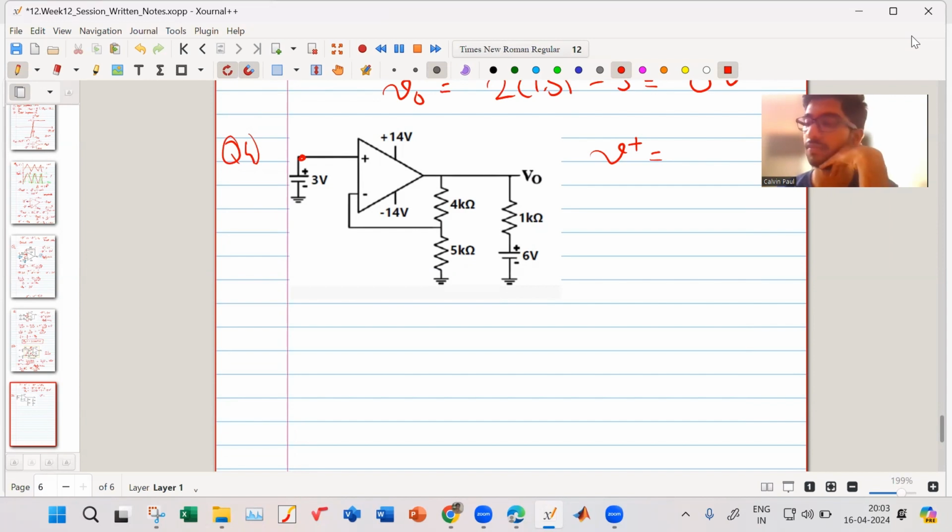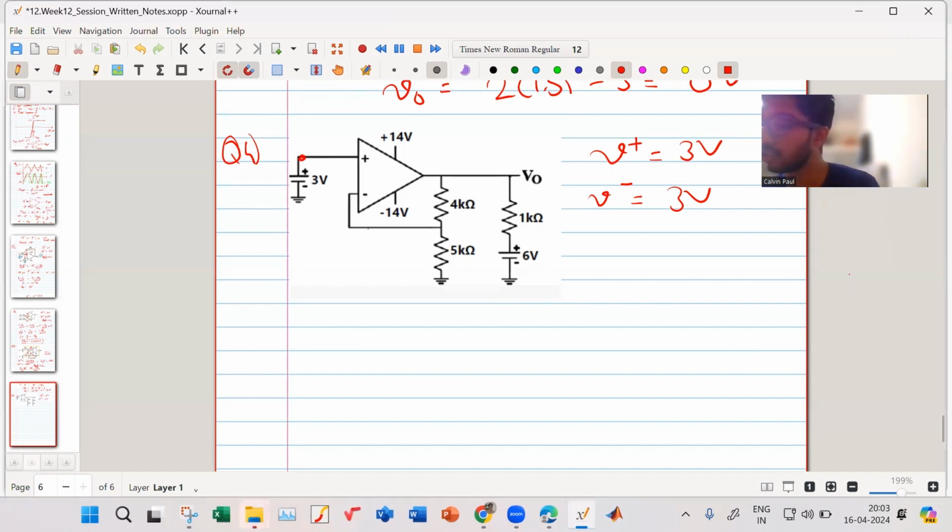Plus 3, that is 3 volt, right? If this is 3 volt, what is your V minus? That also is 3 volt, right? So now this is your V minus. This is also your V minus. Now how will I solve the sum?